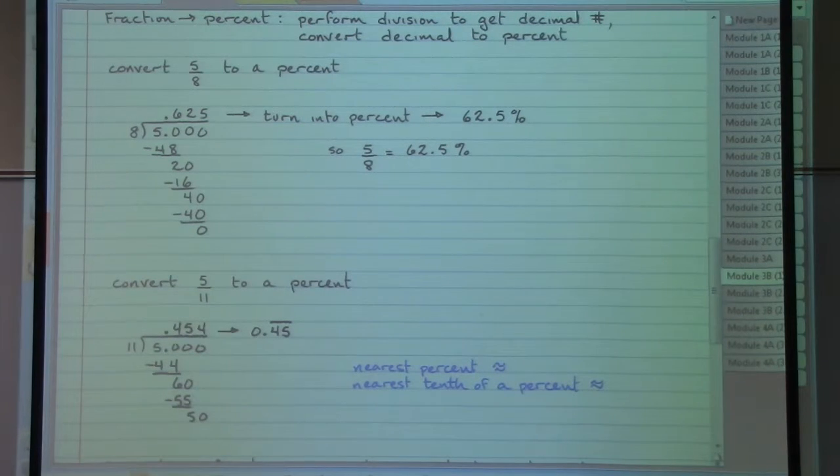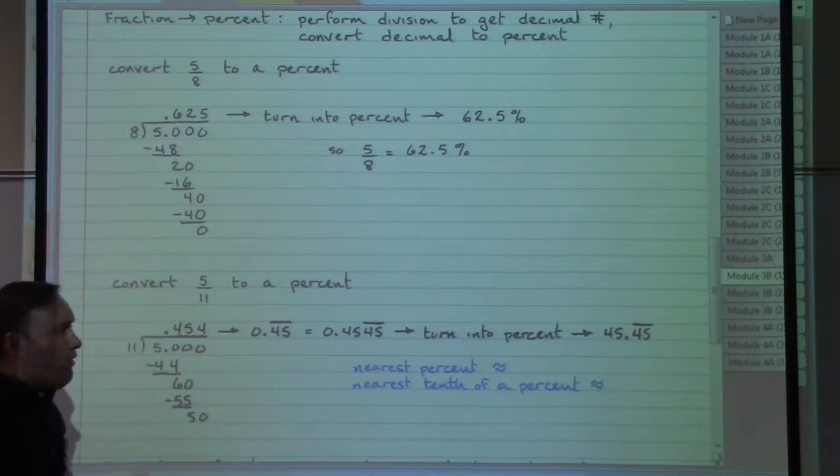Might be nice to have a little bit of extra room so that we can move our decimal point. So for instance, if we go ahead and just expand that a little bit more, like so, and then turn this into a percent, we've got room to move our decimal point so that we have 45 followed by a decimal point, followed by the 45 again, and that 45's got that repeating bar over it.